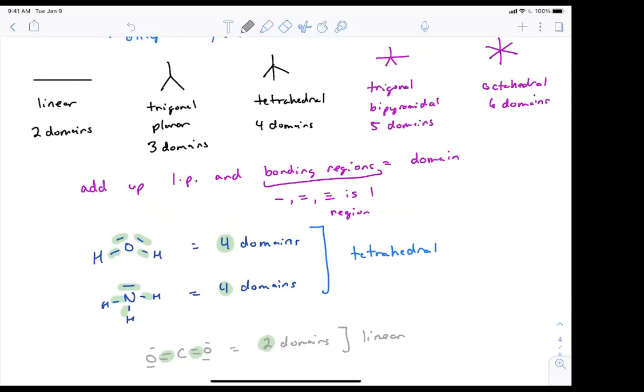Now, I drew these shapes. You're probably wondering why I drew these lines up here, not just to illustrate, but I actually drew them in a certain way to help you with molecular geometries, because I think sometimes people struggle seeing the shapes. So I drew them in a particular way that I've always drawn them to help my students remember what the molecular geometries are.